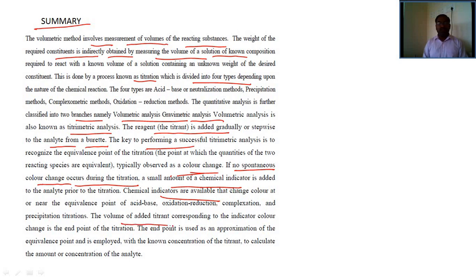The volume of added titrant at which the indicator color changes is the end point of the titration. The end point is used as an approximation of the equivalence point and is employed with the known concentration of the titrant to calculate the amount or concentration of the analyte.